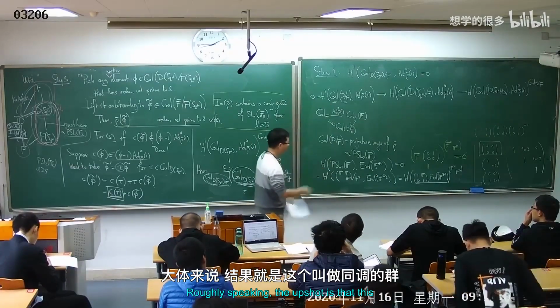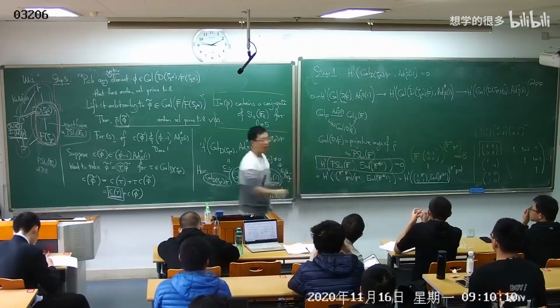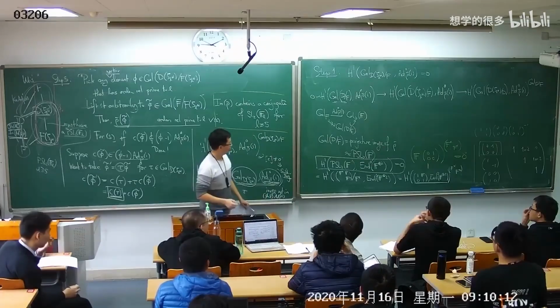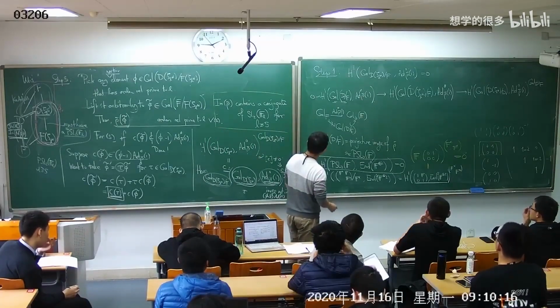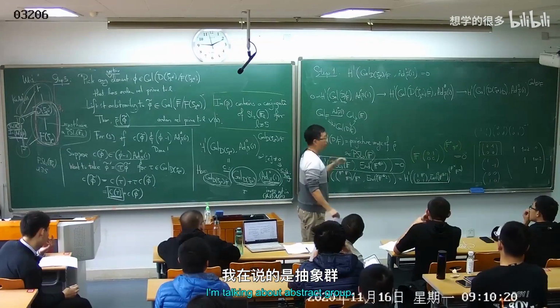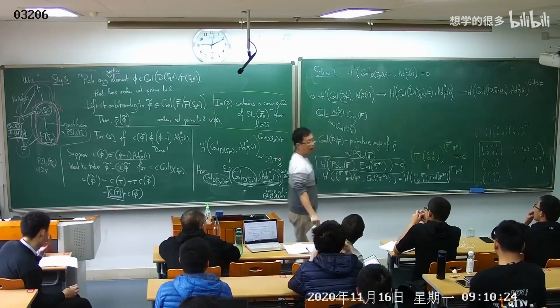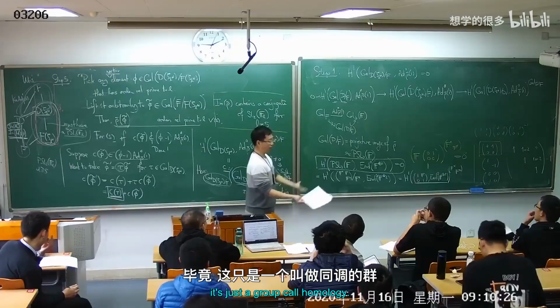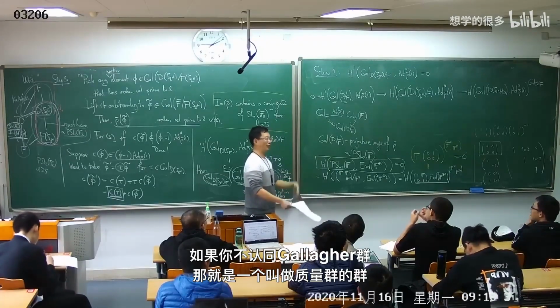Roughly speaking, the upshot is that it's basically this group cohomology. The question is about whether you need a twist or not. No, abstractly, this image is this group. I'm talking about abstract groups, forgetting about the Galois information. If you don't identify with the Galois group, it's just group cohomology.